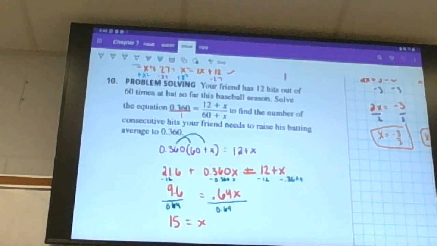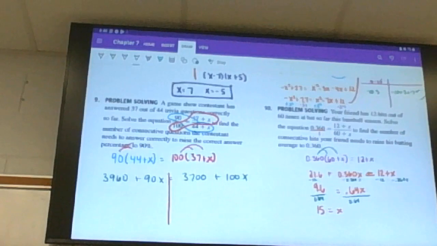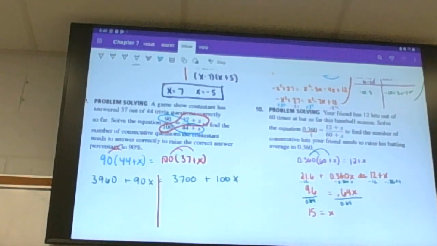These 2 problems are the ones you should probably spend the most time on. They're like the real application problems of getting averages, future averages. Just plugging and chugging.